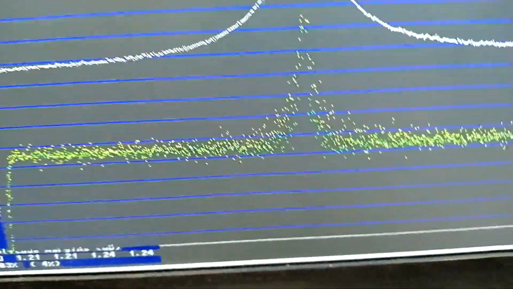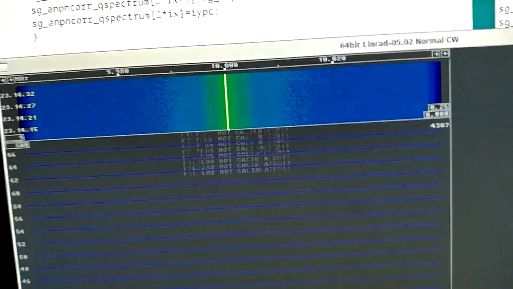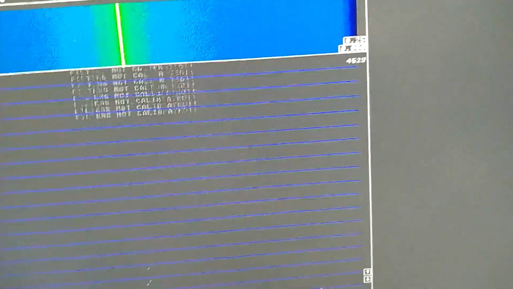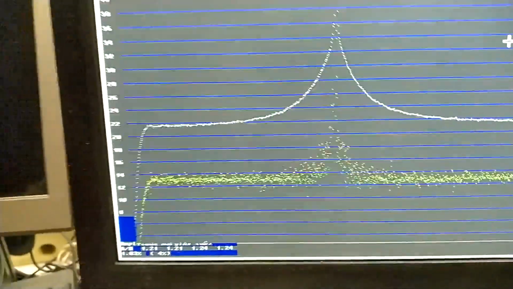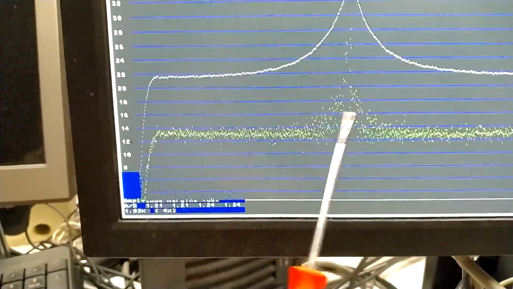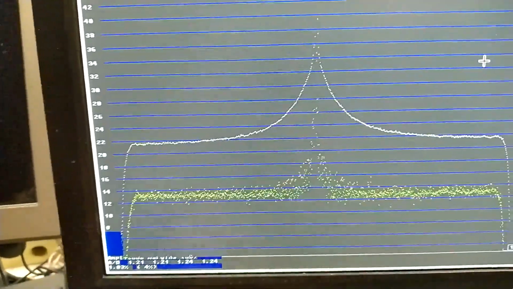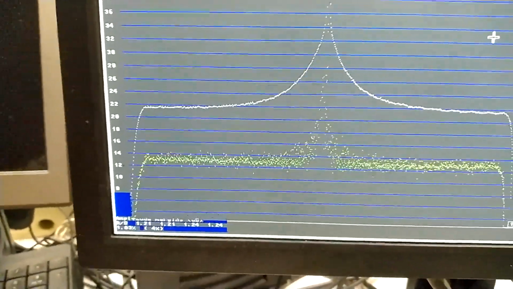I have looked at it with the correlation mode 1 in Linrad, and the number of averages is 4,400 for the green and 500 for the yellow. And you can see the green trace is much narrower than the yellow here. And of course the white is the spectra without any correlation.